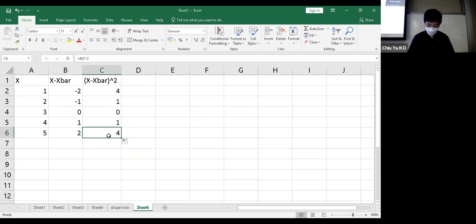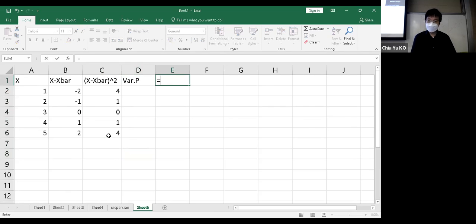So the formula for variance P will be the sum of all this divided by 5, and variance S will be the sum of this divided by 4, in case you don't follow.